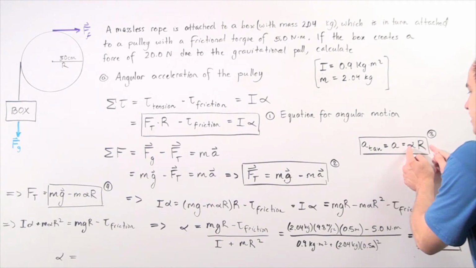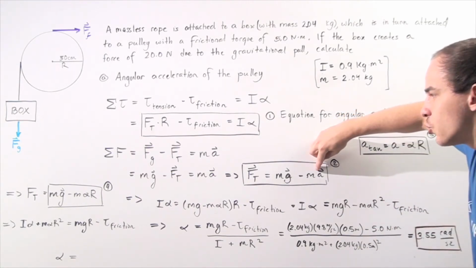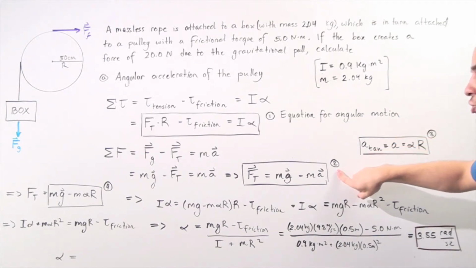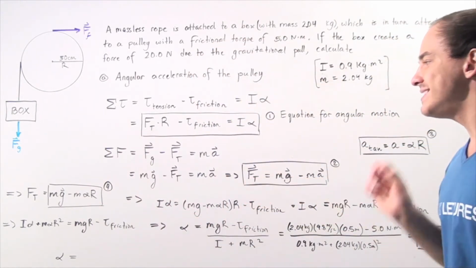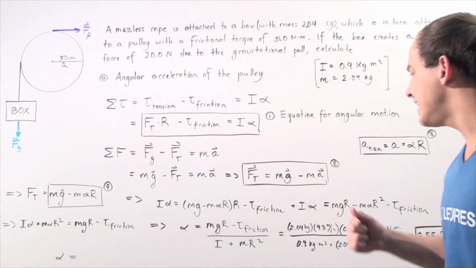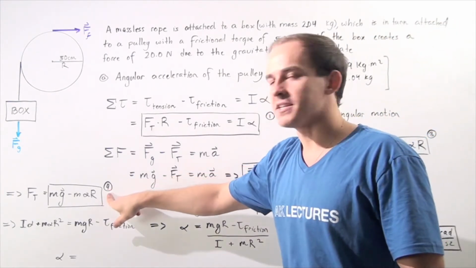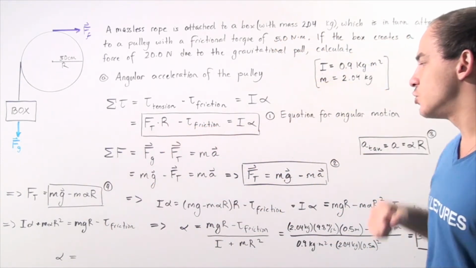So now we can take this quantity and substitute it into this equation. So we substitute equation 3 into equation 2. We get the following result. The force tension is equal to m times g minus m times alpha times our lever arm. Let's label this as equation 4, and by the way, we label the earlier equation as equation 1.